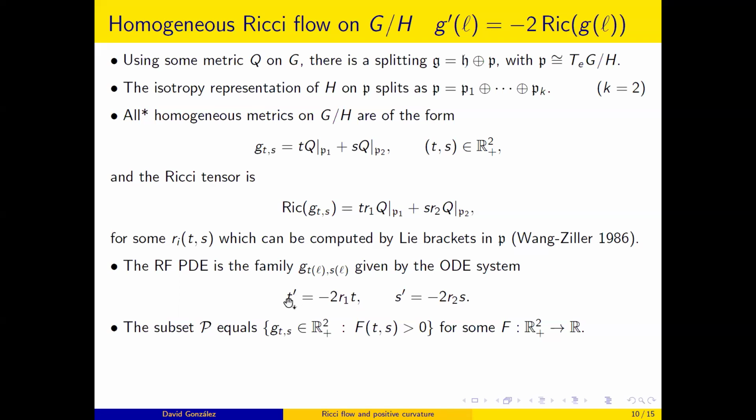It turns out that in all cases, this subset of positive curvature, which I'm calling calligraphic P, is given by the positive values of a function. So here f is a function from R2 to R. If f applied to (t,s) is positive, it means that g_{t,s} has positive curvature. It works like that.